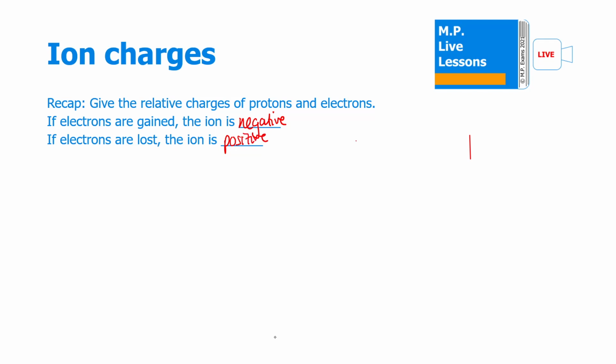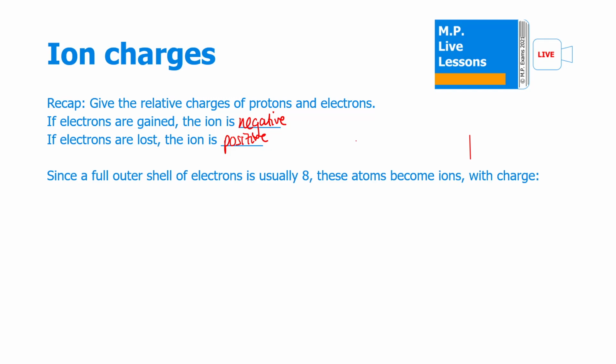For example, since a full outer shell of electrons is usually 8, atoms become ions with charges. So atoms from group 1 will have 1 electron on the outer shell. So that means they need to lose 1. This becomes a 1 plus ion.